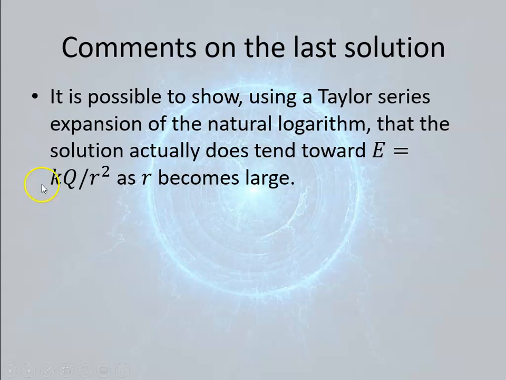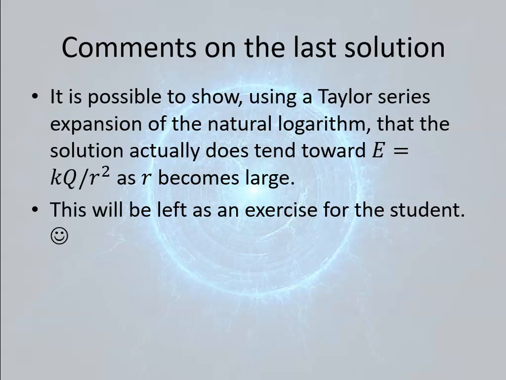So that actually does tend toward the fact that the electric field goes as kq over r squared as r becomes large, or in this case as z becomes large if you're going away from the middle of the disk along the axis of the disk. So in other words, it makes sense. Actually showing that with that Taylor series expansion is going to be left as an exercise for the student.